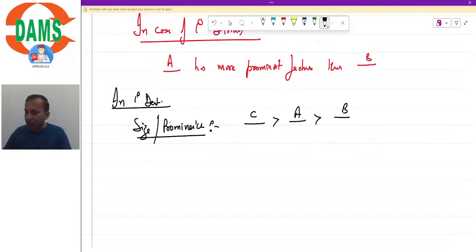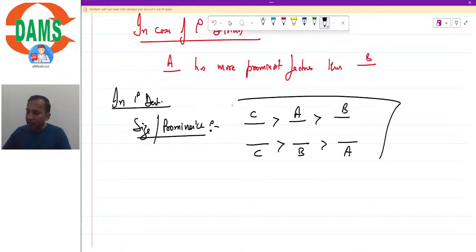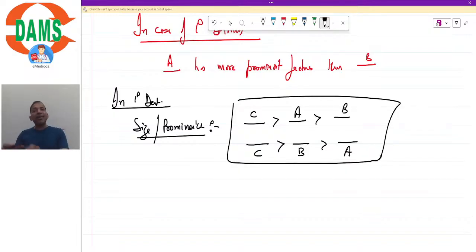That was for maxilla. If we talk about the mandible, it would be C followed by B followed by A. So this would be the universal sequence for all the lingual features. Be it cingulum, marginal ridges, incisal ridge, or lingual fossa, it is the same sequence in all, there is no change, right?